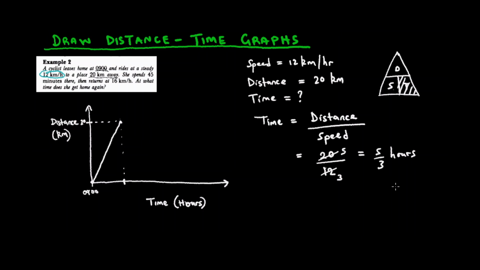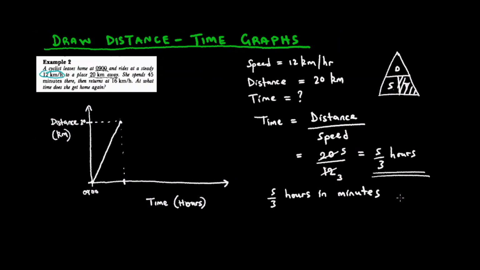But now we do not want the time in hours. We want the time in minutes, and I'm going to explain why very soon. Because the time our journey started was given in 24-hour time notation, the times we are adding here should follow this. So what we need now is to know 5 over 3 hours in minutes.